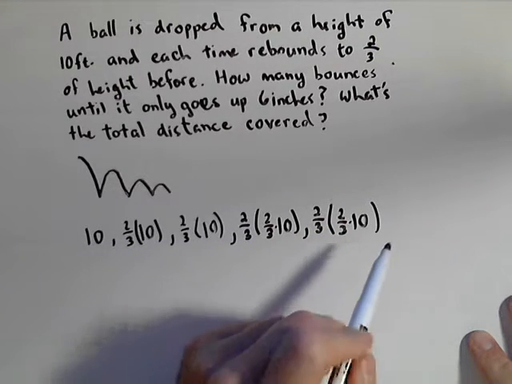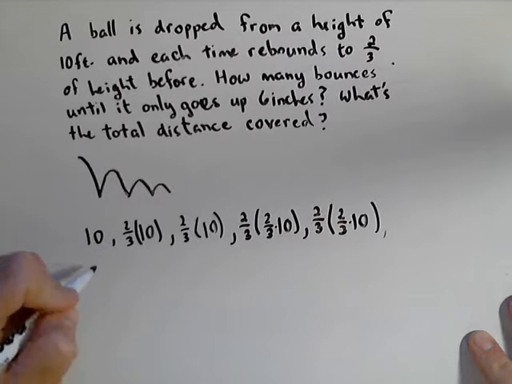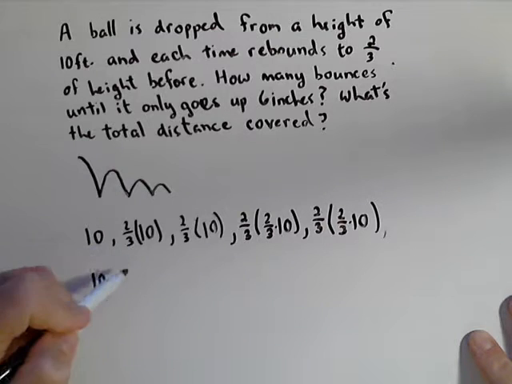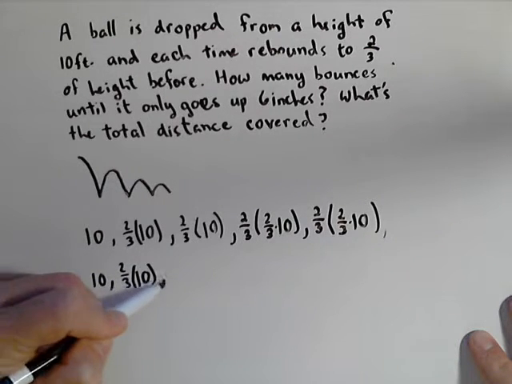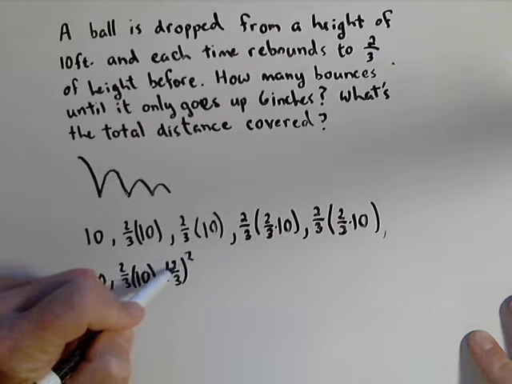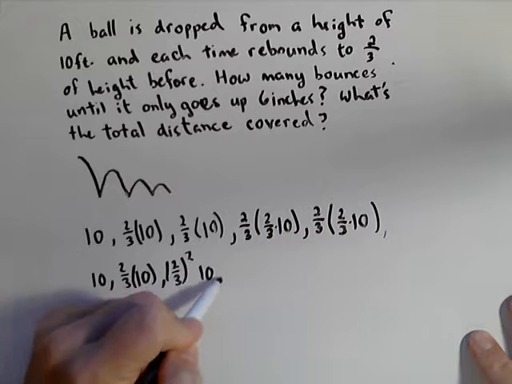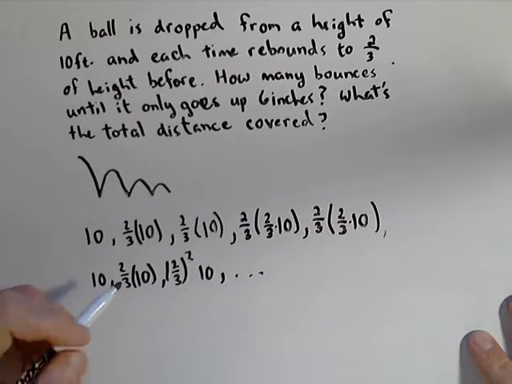And so what you can see is we actually have a geometric sequence. The height on the first bounce is 10. Second bounce is 2/3 times 10. Third bounce is 2/3 squared times 10, and so on. So we have a common ratio of 2/3.